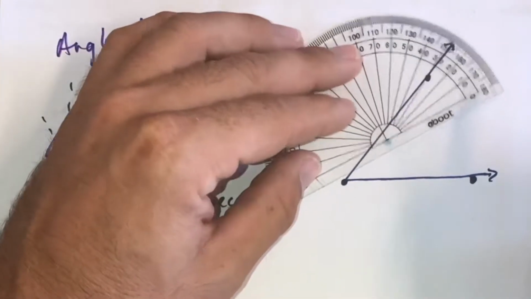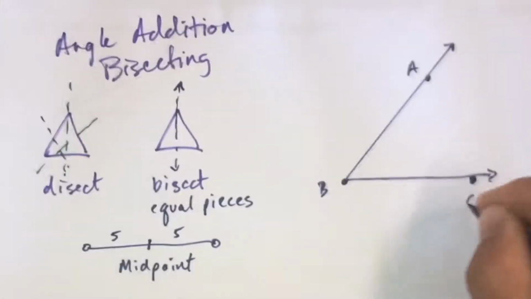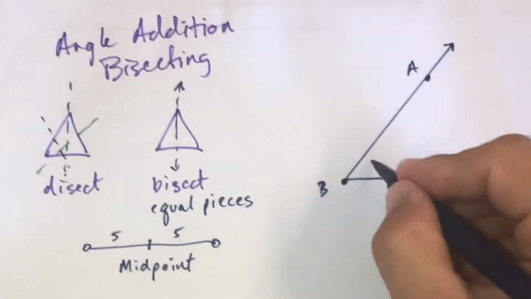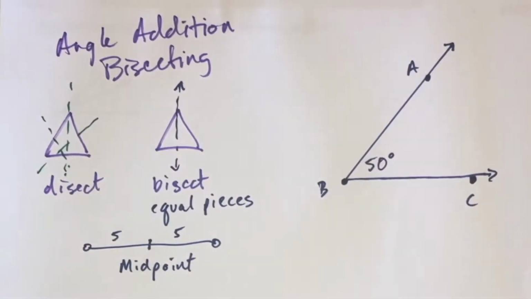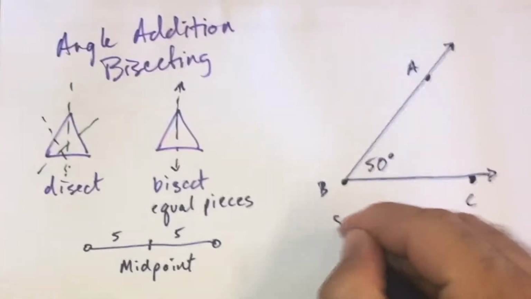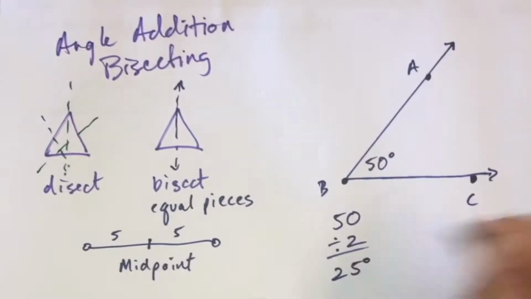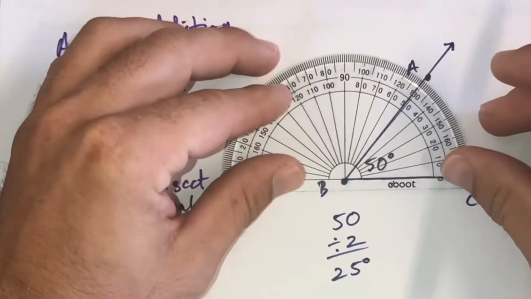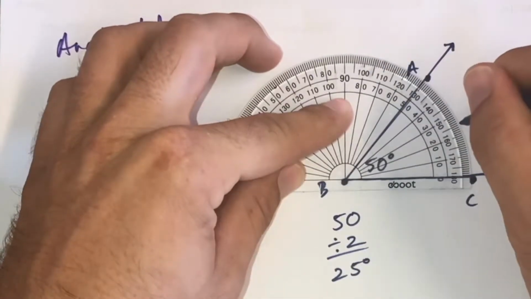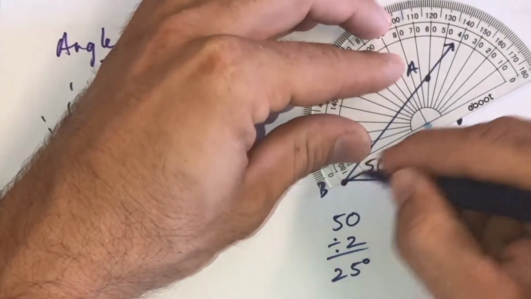Maybe I say that this angle ABC is bisected, which means if this is 50 degrees, I need two angles that equal 50 degrees. So if I need two equal pieces, I could simply divide by 2 and get 25 degrees. When I'm using the protractor, I simply find where 25 is and create my bisector.